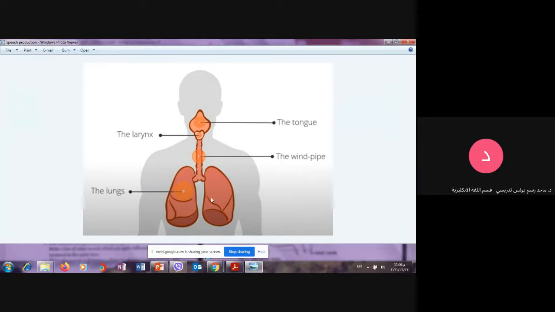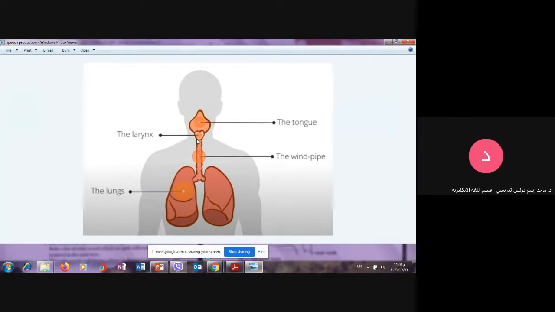Now, in order to produce any speech sounds, the air which is in the lungs is pushed through the lungs and it enters the windpipe. Here we have the windpipe. As the air enters the windpipe and keeps moving to the larynx, then it enters the oral cavity. Many changes happen here to the air.